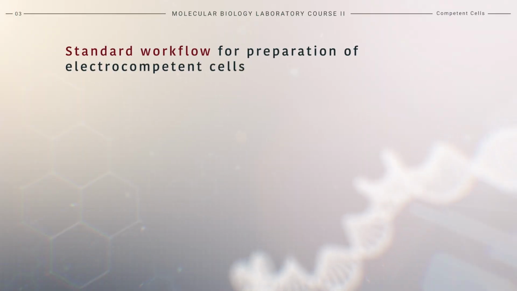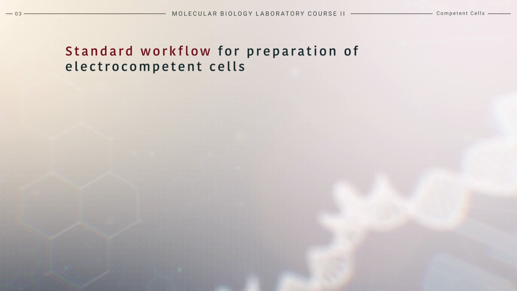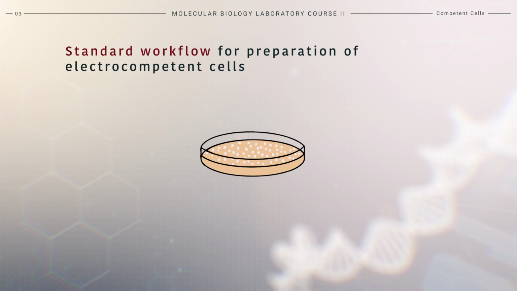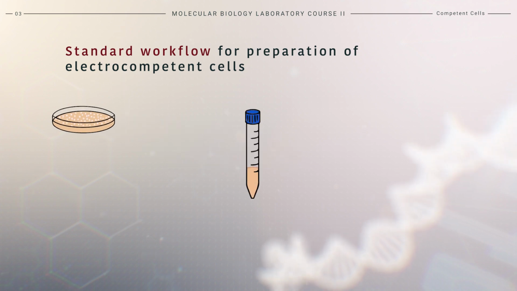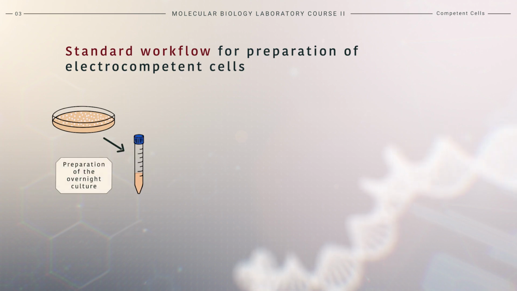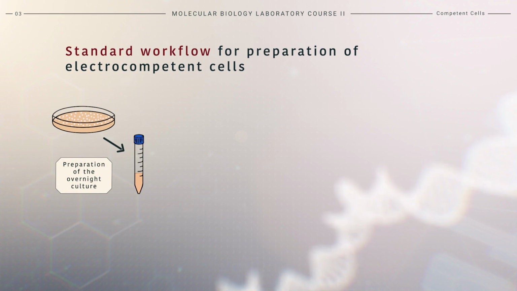Now, we will focus on the standard workflow for the preparation of electrocompetent cells. The first step is to streak out the desired E. coli strain on an agar plate and let the cells grow until colonies appear. Then, we prepare the overnight culture. This is done by inoculating a single colony from the fresh agar plate.